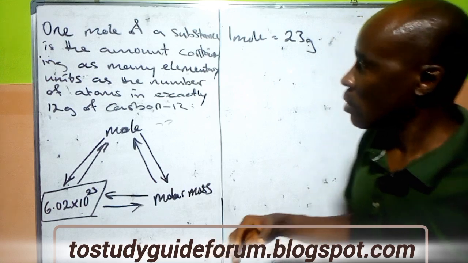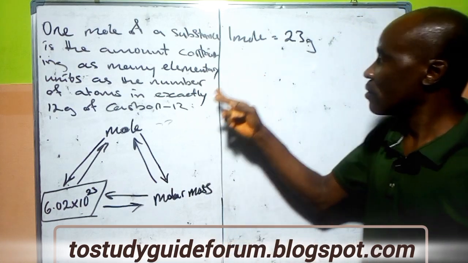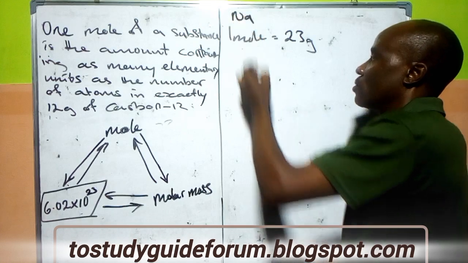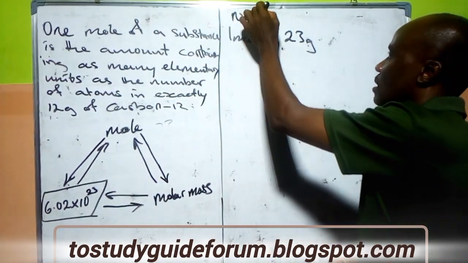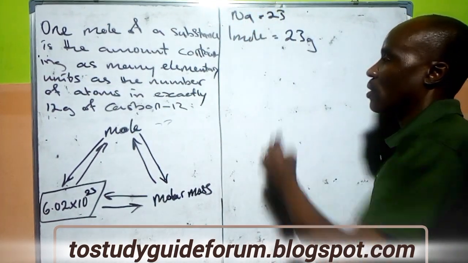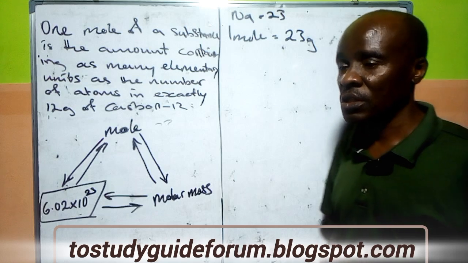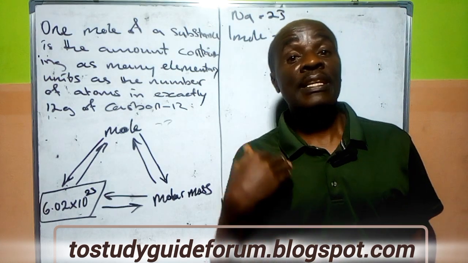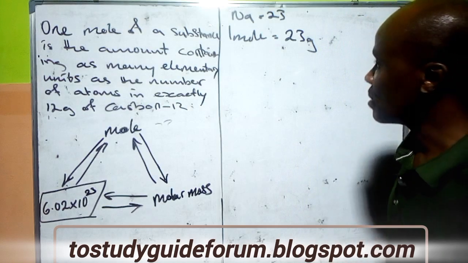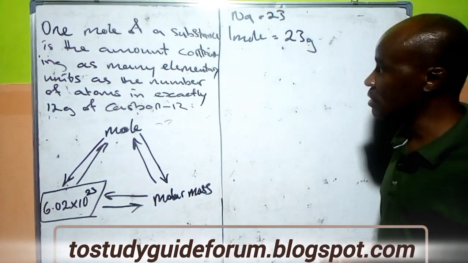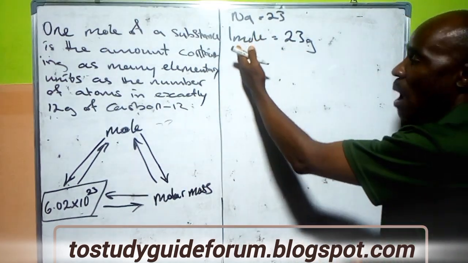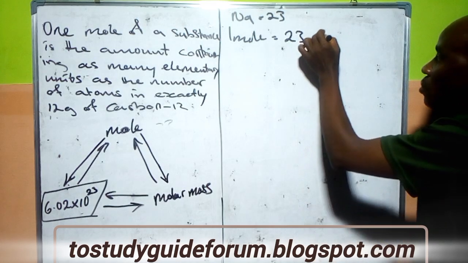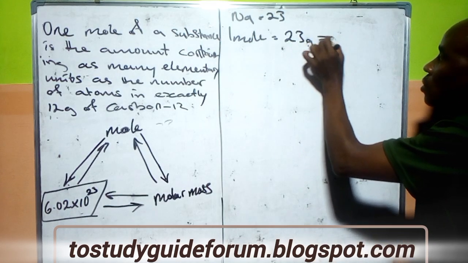So for this sodium, which has a relative atomic mass of 23, if we express it in grams, that is what we have. Expressing it in grams, it means that 1 mole is equal to 23. And this 23 is also equal to what?